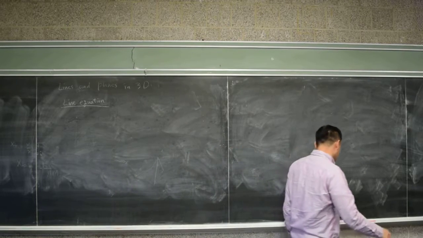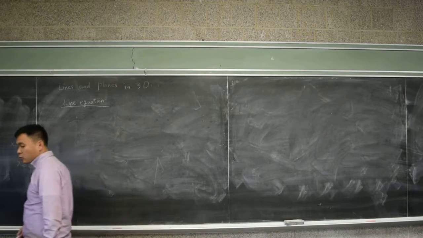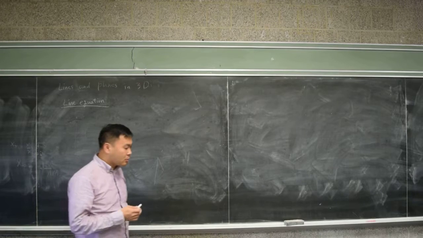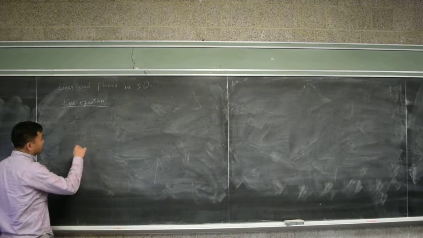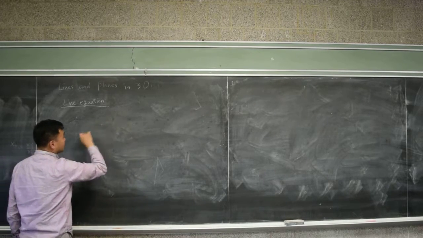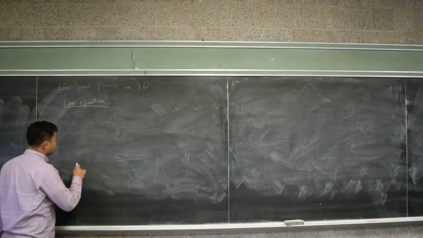And it's helpful if you picture a line as a trajectory of some moving particle. Okay? So think of it this way. Suppose there is a point particle moving in space, like that. And its trajectory is given by the following formula.